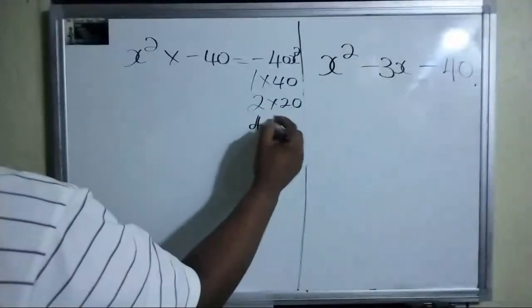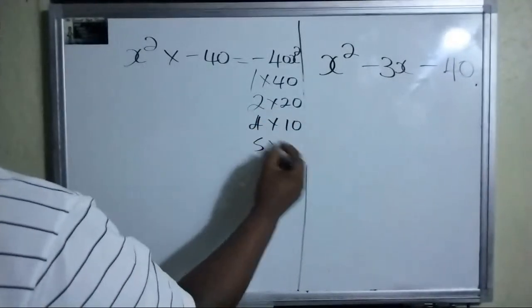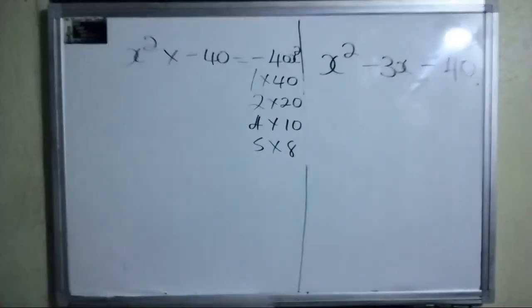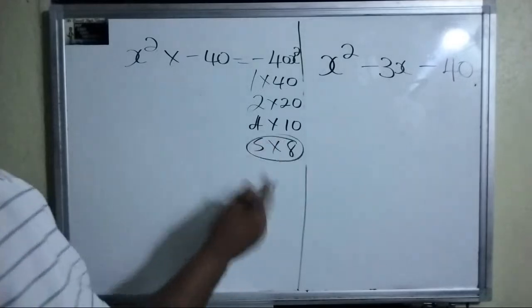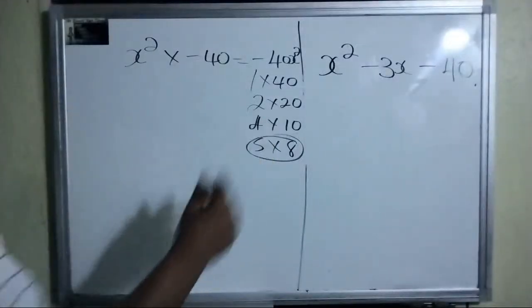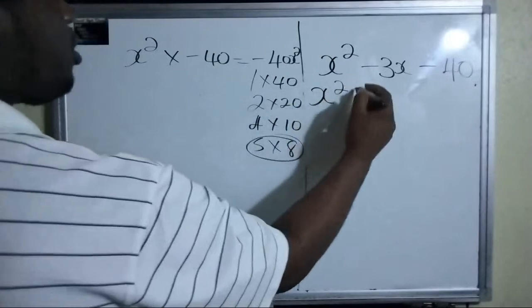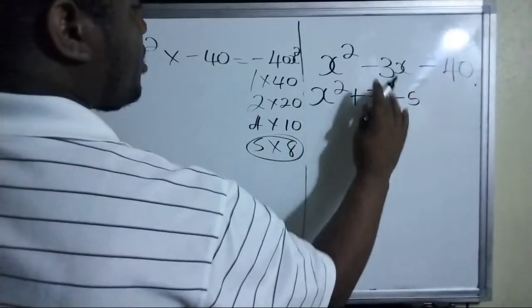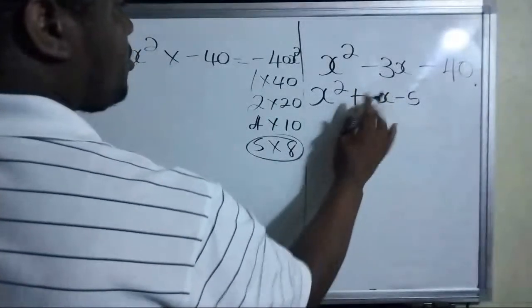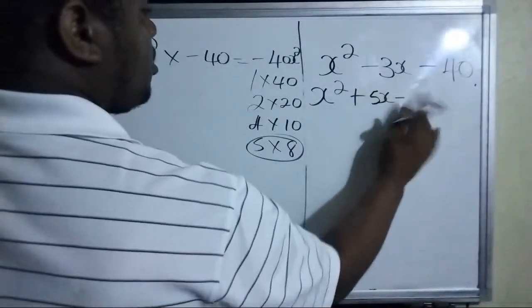So we say 4 times 10 and 5 times 8. As some persons put, it's 5 and 8 because the difference is 3. So it's x squared. We're going to set it up in such a way that we get negative 3x. Watch me, I put 5, this will be, and this will be 8.